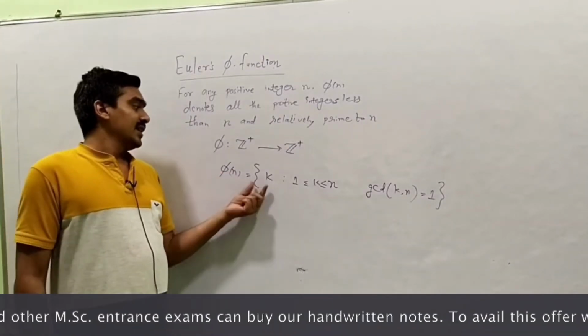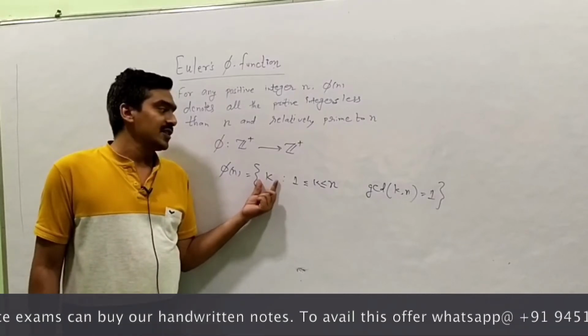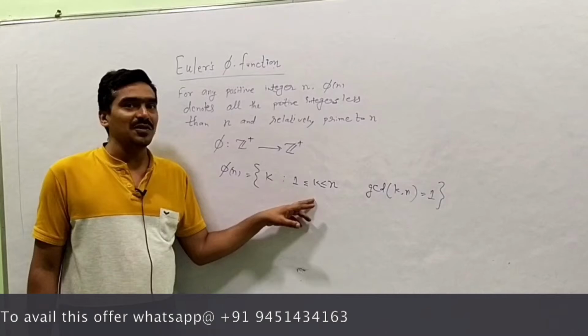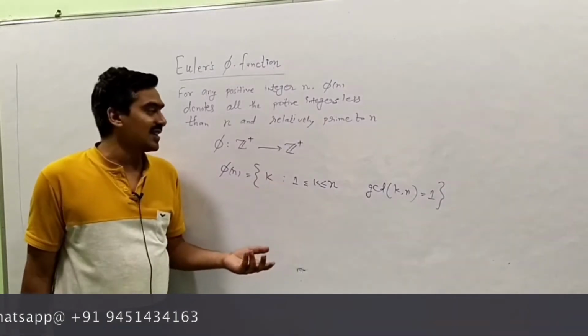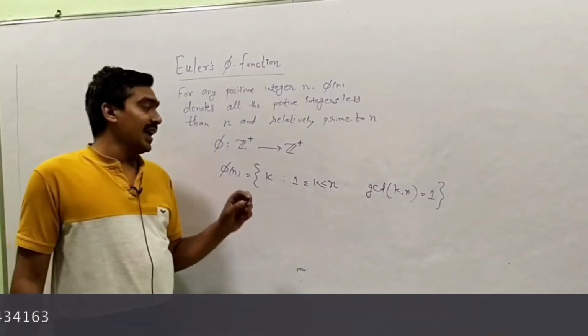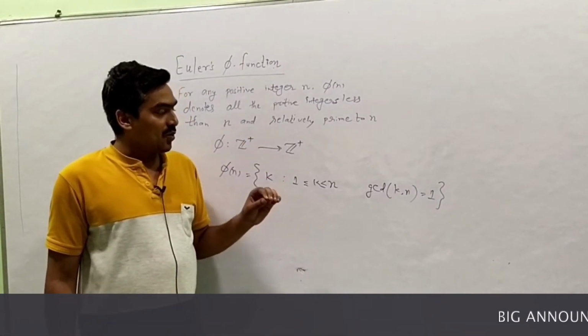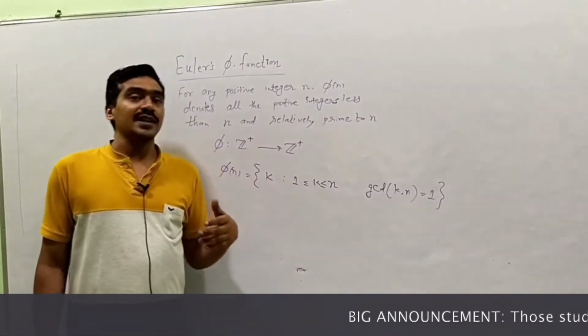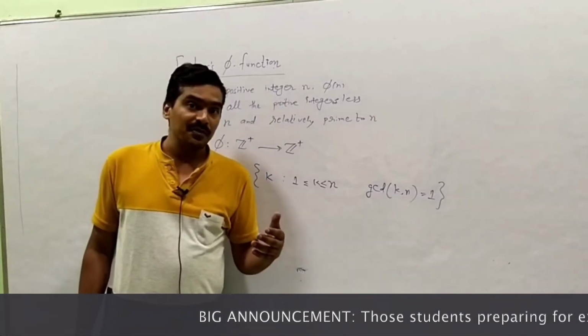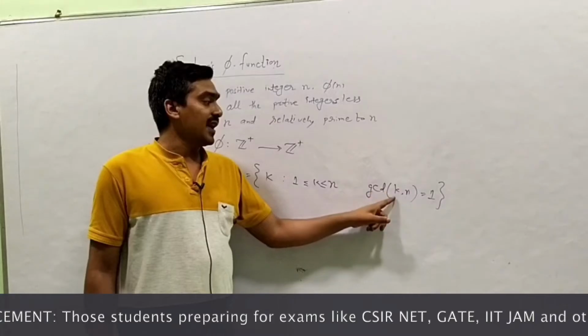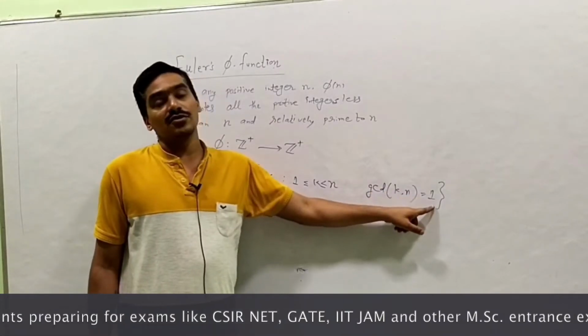That is, it contains all those integers which are less than n, obviously greater than or equal to 1, because k is a positive integer according to the definition, and the greatest common divisor, that is GCD, or we can say HCF, highest common factor, of k and n is equal to 1.